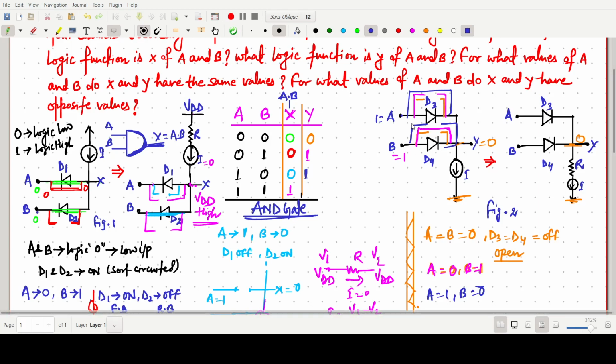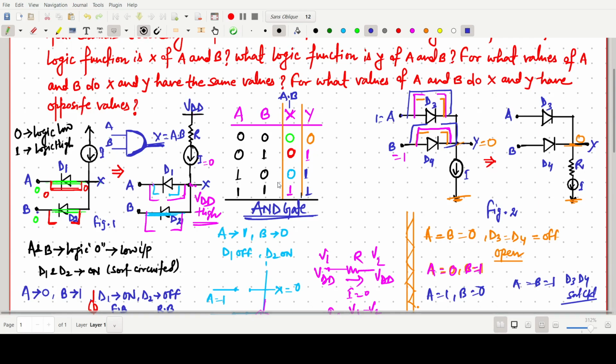Now both are 1. Both A and B are 1, so both D3, D4 are forward biased, short circuited, so both will be 1. So it should be simply our 1.